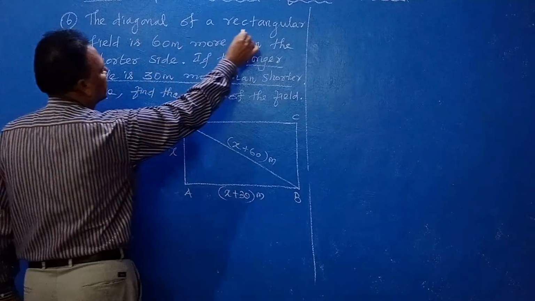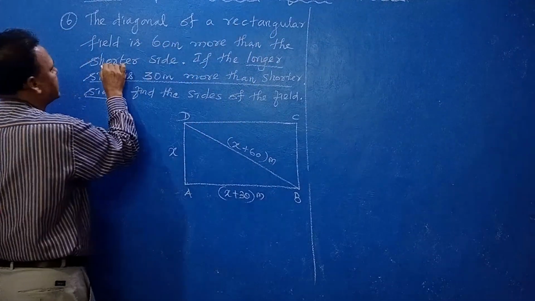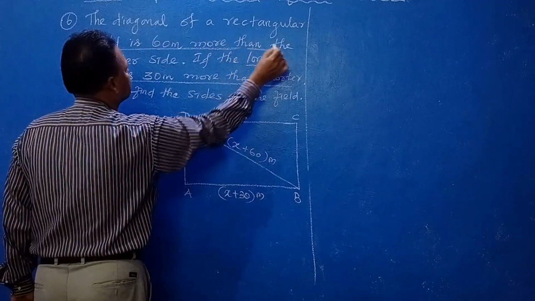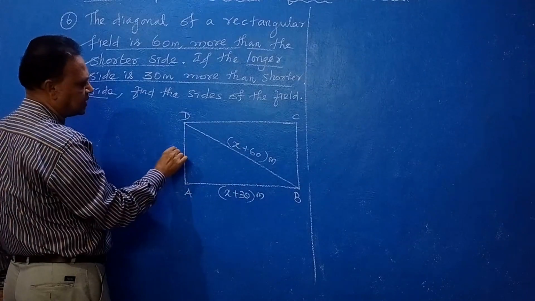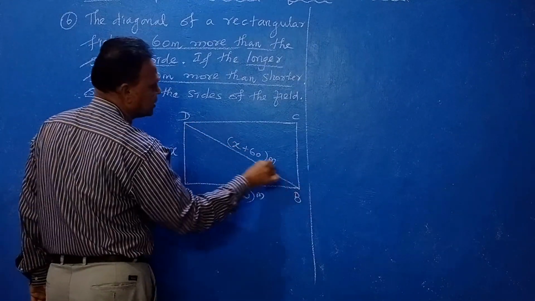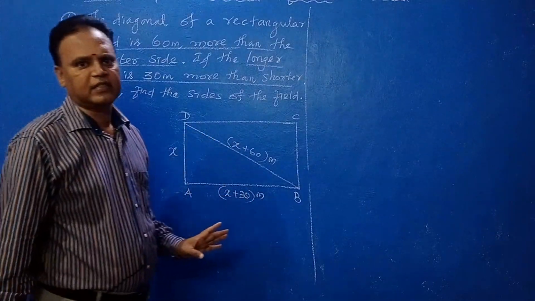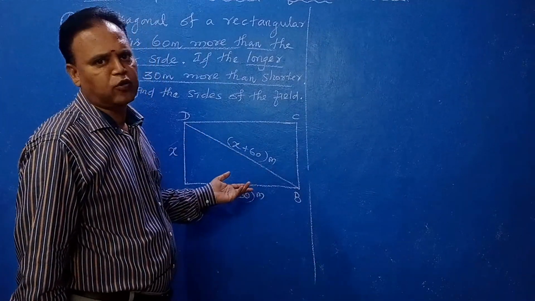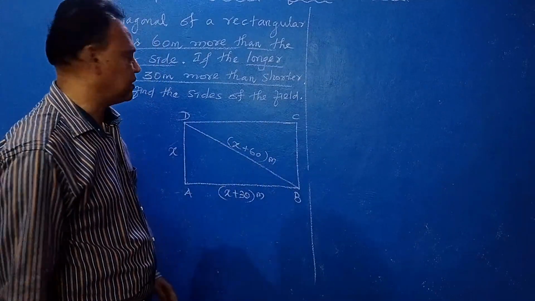The diagonal of a rectangular field is 60 meter more than the shorter side. That means if the shorter side is x, the diagonal is x plus 60. If you draw a diagram, you can easily understand. Without a diagram also you can do, but with a diagram it is easier to understand.